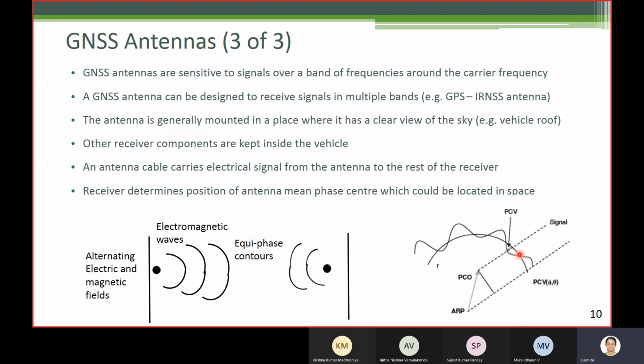In that case, you fit the sphere only partially, and the center of that fitted sphere will be the average phase center. For some other time instant, it can receive signals from other satellites at other elevation and azimuth. Then the average phase center will be located somewhere else. So the average phase center not only is a point in space, it can also change its location depending on which satellite signals you receive.